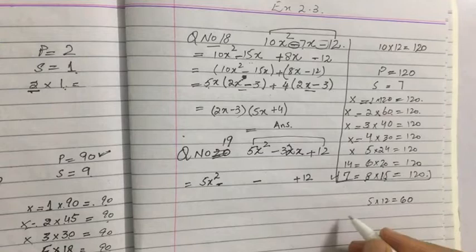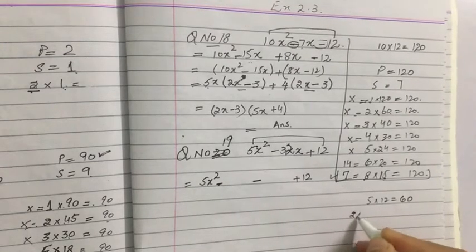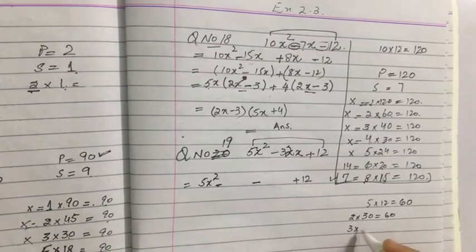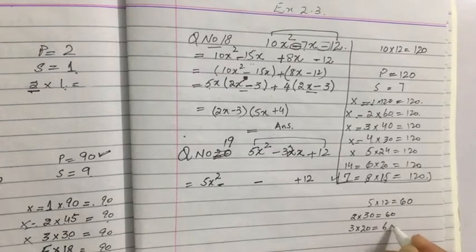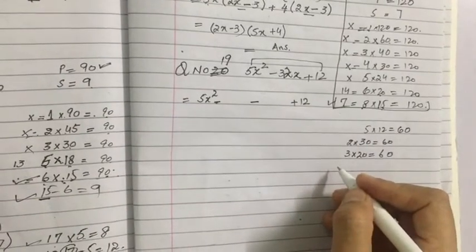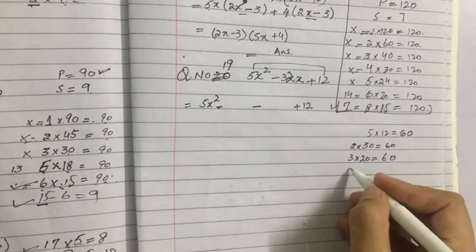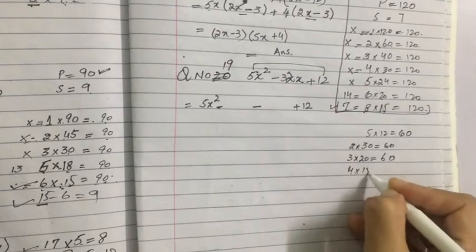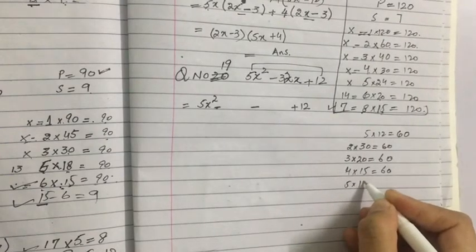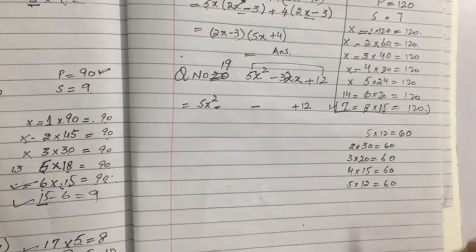Now find the other factors of 60: 1 times 60, 2 times 30, 3 times 20, 4 times 15, 5 times 12, 6 times 10.